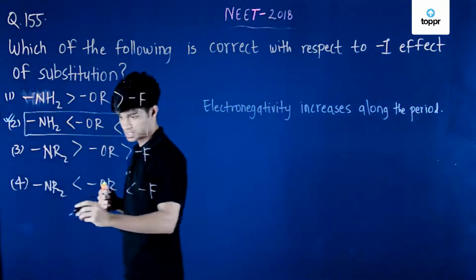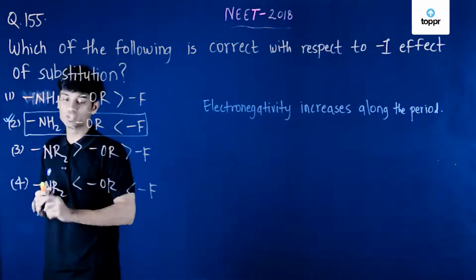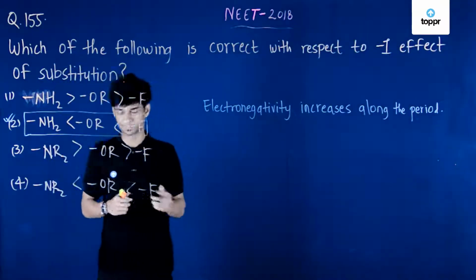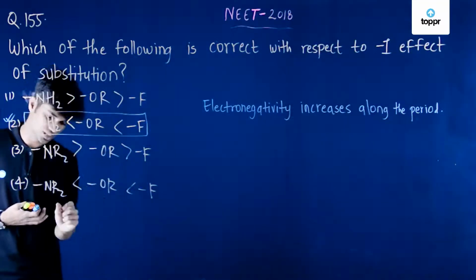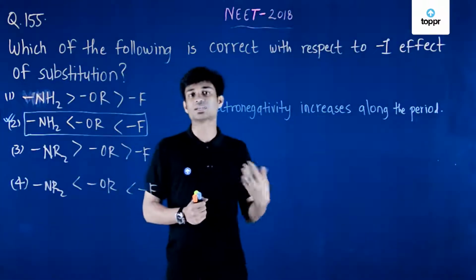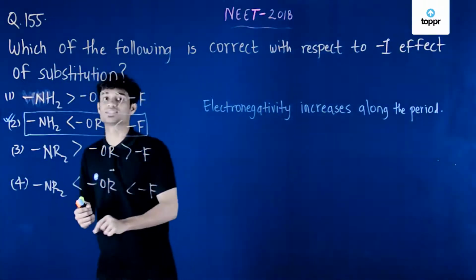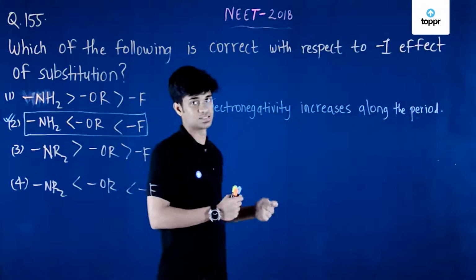Now, in option 4, instead of H, it has been replaced by R. Once the hydrogens are substituted by an alkyl group, the alkyl starts acting through its plus I effect. Alkyl groups are very efficient in giving plus I effect.